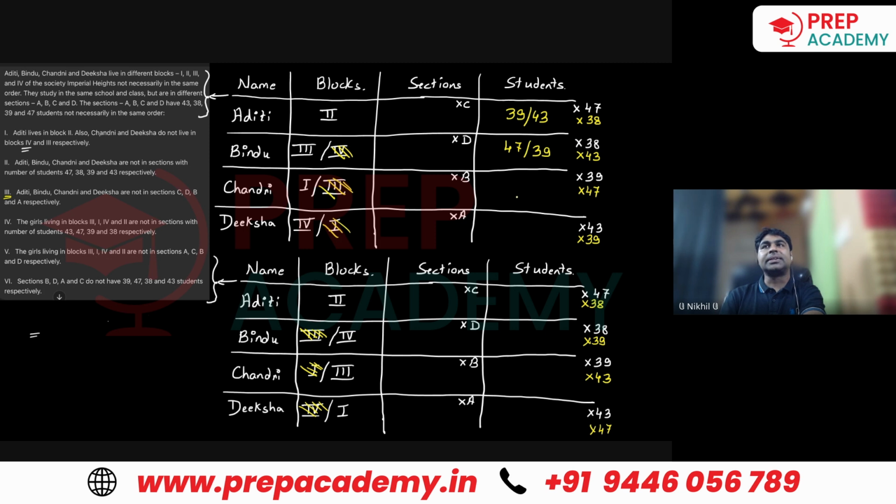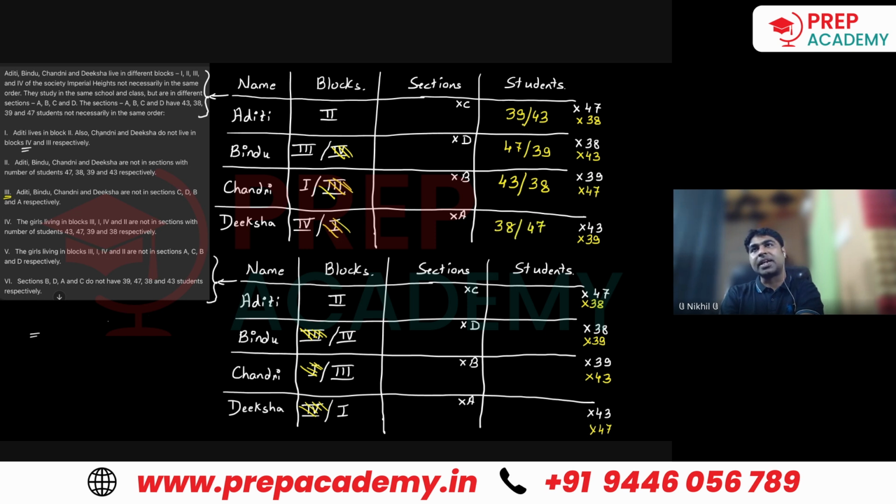Similarly here, 39 and 47 are not possible, so 43 and 38 were possible. So 43 I'll write ahead. Why? Because if I write 43 behind, then this and this would get same. So 43 here and 38 here. That is a way of writing. Similarly, what is the last one which is left? 38 and 47. So 38 here and 47 here.